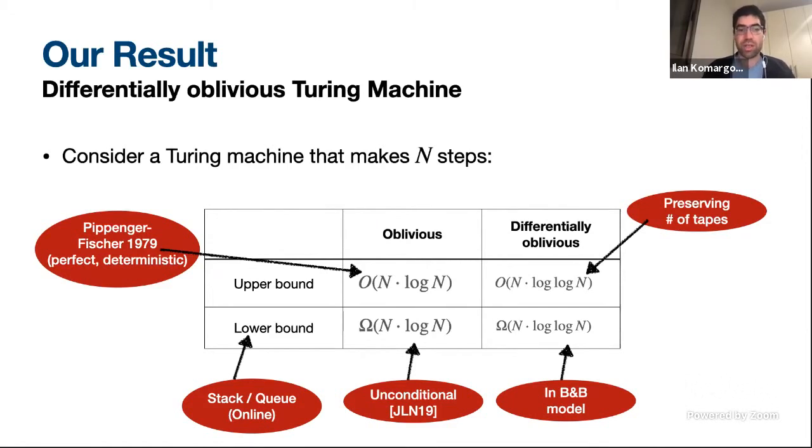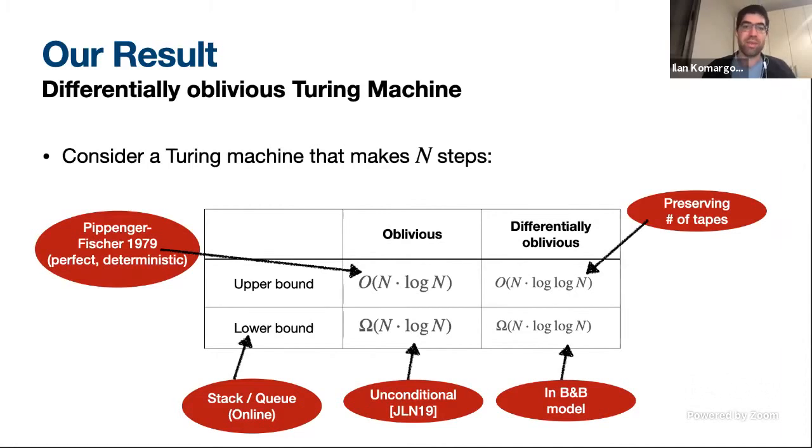So there's no construction that improves on Pippenger and Fischer if we want full-fledged obliviousness. This follows from the work I mentioned earlier. And this holds for very simple tasks like a stack. So we just want to make a stack oblivious. It must cost logarithmic overhead, but if we want to make it differentially oblivious, we can do it with doubly logarithmic overhead.